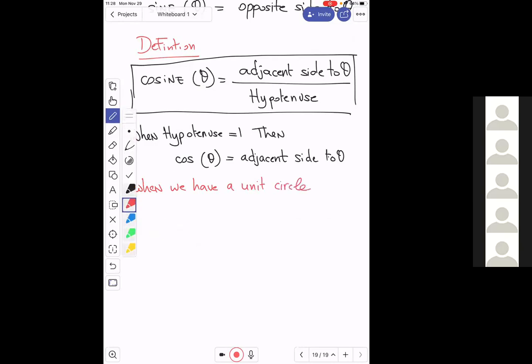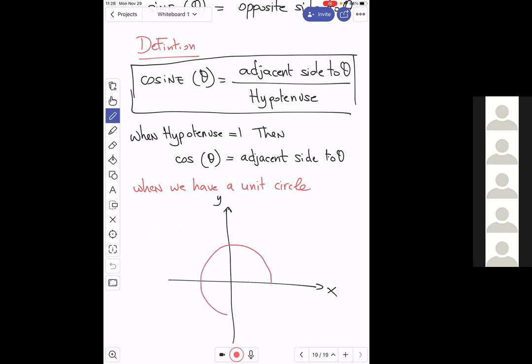Let me draw my unit circle again. This is my x-axis, this is my y-axis, and you have your unit circle, a circle of radius 1 centered at the origin, and some angle theta.